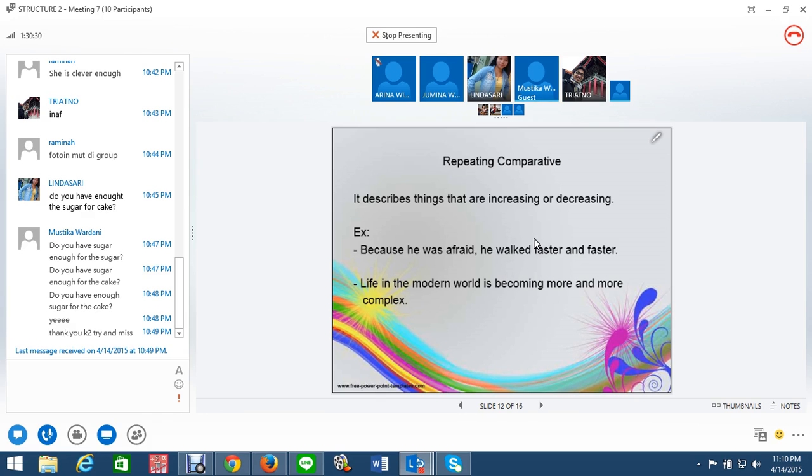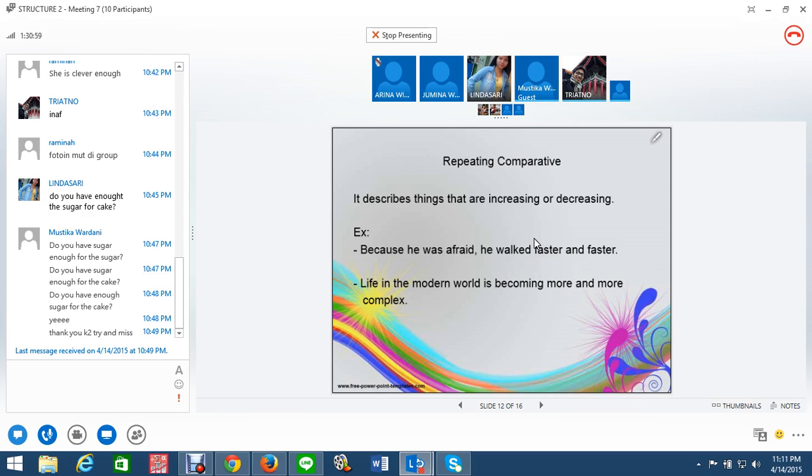You can see double komparatif. Jadi itu harusnya kebalik. Jadi materi yang di double komparatif itu, okay, seharusnya cuma ganti aja judulnya. You have to change the title. Repeating komparatif itu seharusnya menjadi double komparatif, okay. Dan double komparatif itu it should be repeating komparatif, okay. You have to change this, okay.